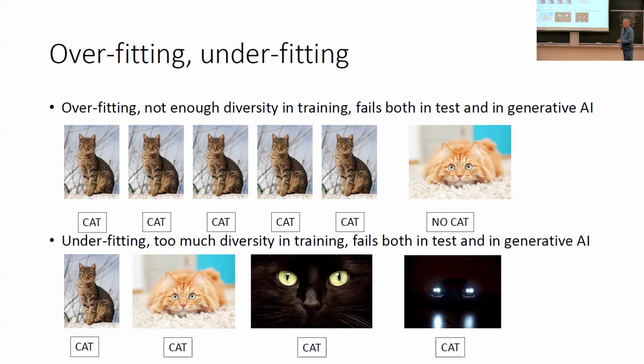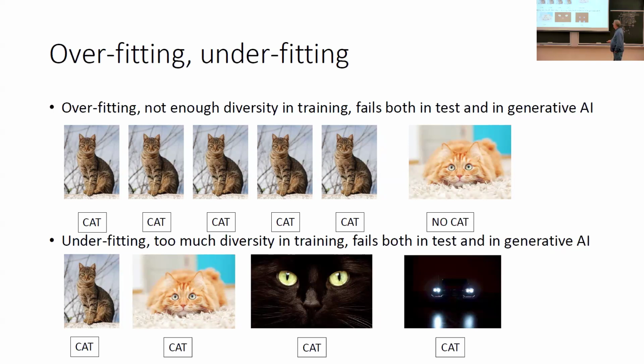It's as if ChatGPT, a generative artificial intelligence, would always produce the same text. In underfitting, same thing, it will produce any garbage and say, this is a cat. If you want the machine to generate a random cat, it will generate random bullshit.